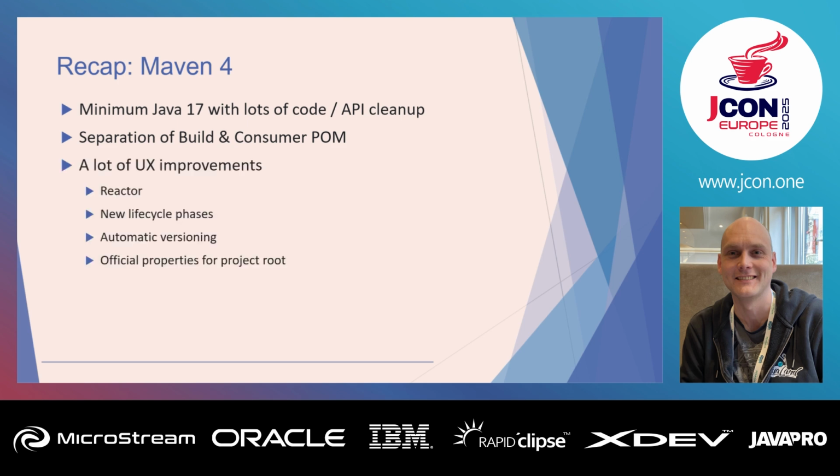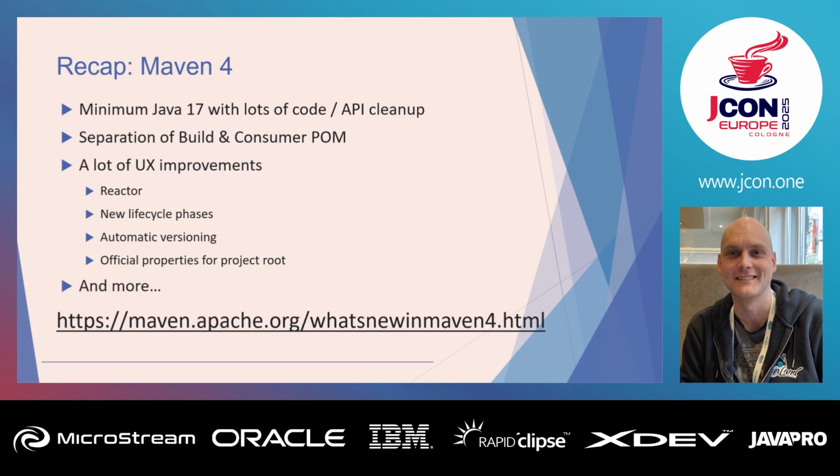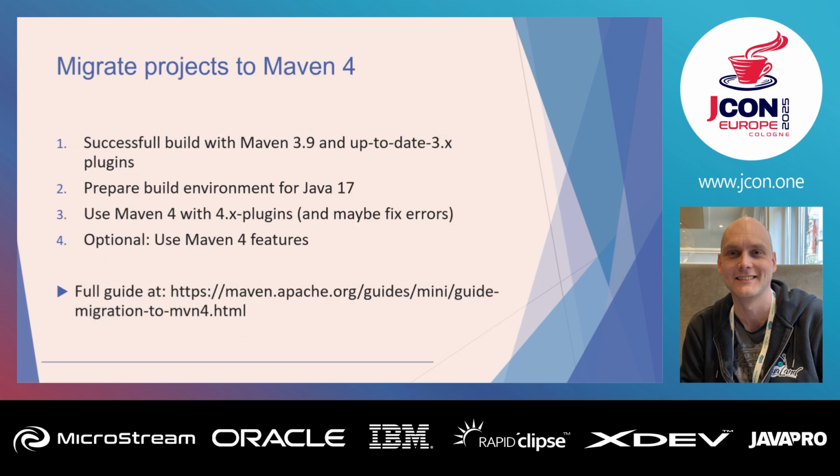We have a lot of user experience improvements, as I call them, or minor improvements, like the reactor improvements, new lifecycle phases, automatic versioning, official properties for project root, and many, many more. I wrote a long article for the Maven site, which covers all the new things. This is a link. It's also linked from the landing page of the Maven site. And so I don't show you the link anymore.